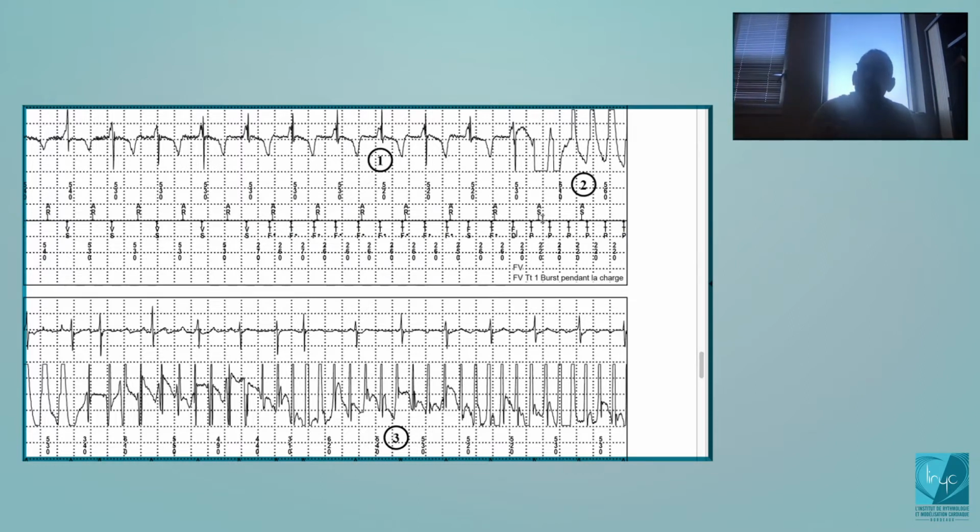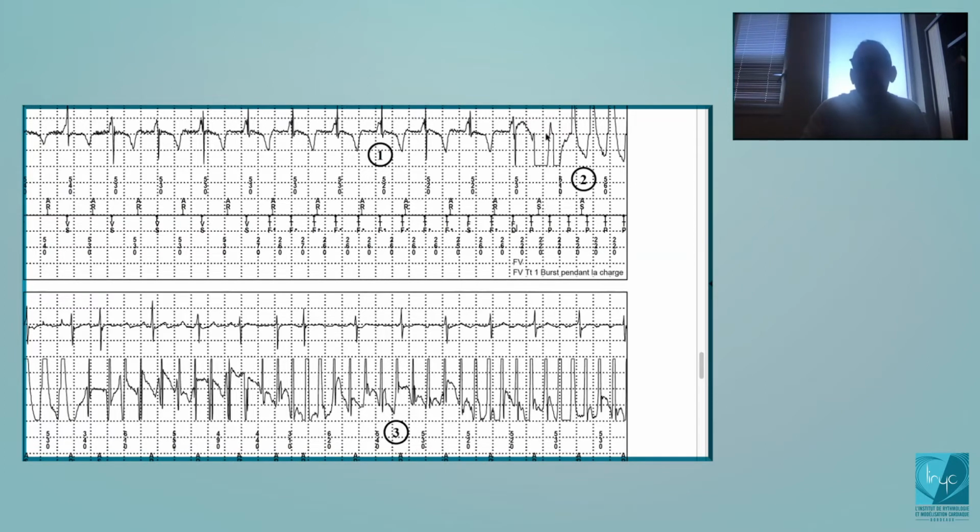a real life-threatening situation. Okay, this kind of tracing explains why, according to the way you program the device, in some situations you may have a direct impact on the mortality of the patient. So remember, when there is a situation of T-wave oversensing, if you don't know if the patient has a high threshold or not, you may consider this as a life-threatening situation.